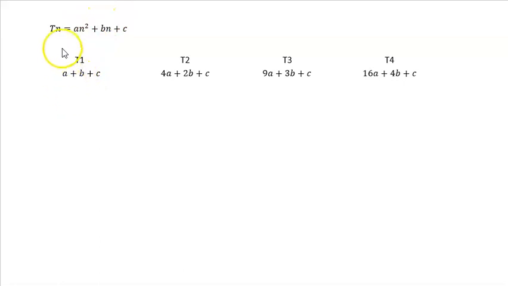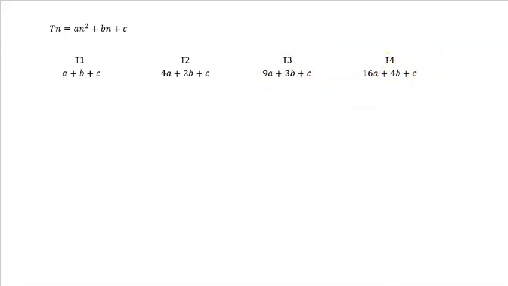So this is T1 is equal to a plus b plus c. T2 will be 4a because 2 squared is 4, plus 2b because the 2 goes where the n is, plus c. Then T3 will be 9a plus 3b plus c, and T4 will be 16a plus 4b plus c.